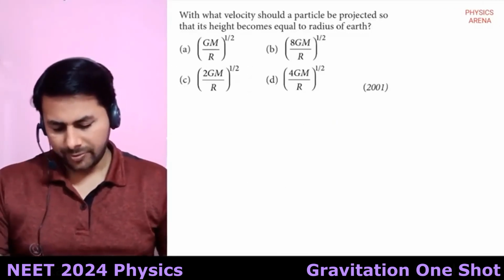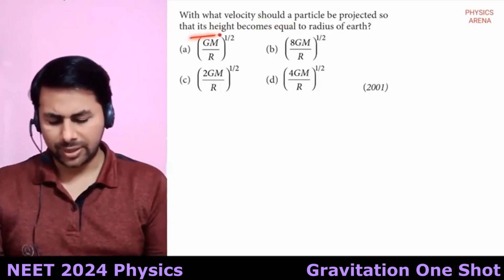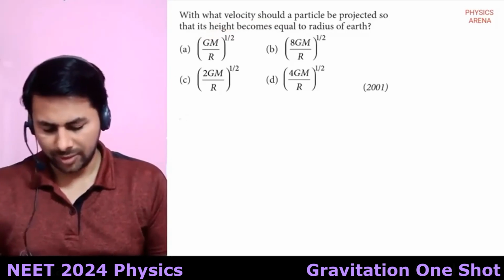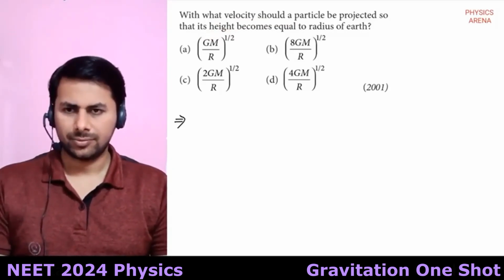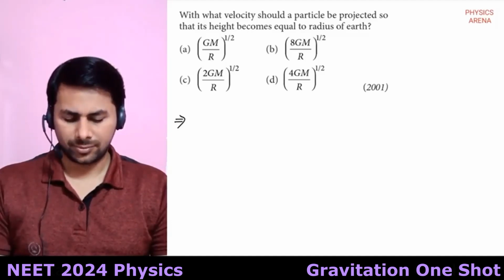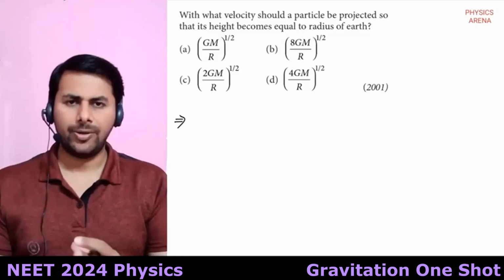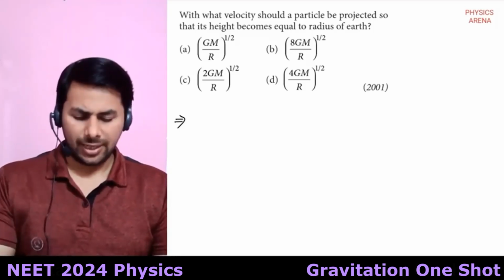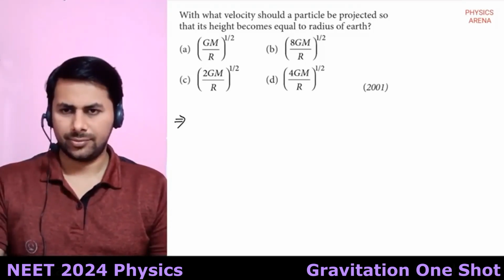All right. Another one: with what velocity should a particle be projected so that its height becomes equal to the radius of Earth? Tell me. So, see, what will happen, its total energy on Earth should be equal to total energy at that height, right?